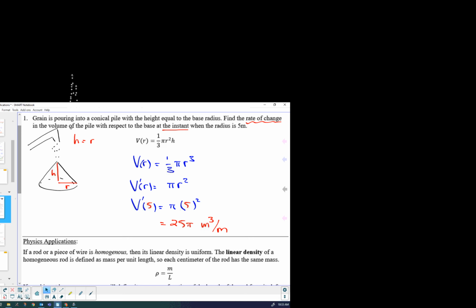Yes, Elliot? Yep. That's right. And the radius gets bigger. Then we would have to use a product rule and a chain rule.